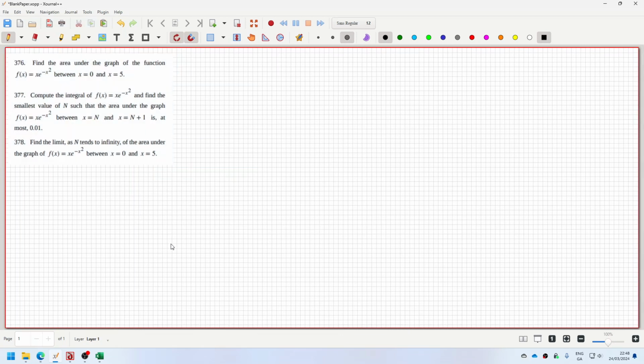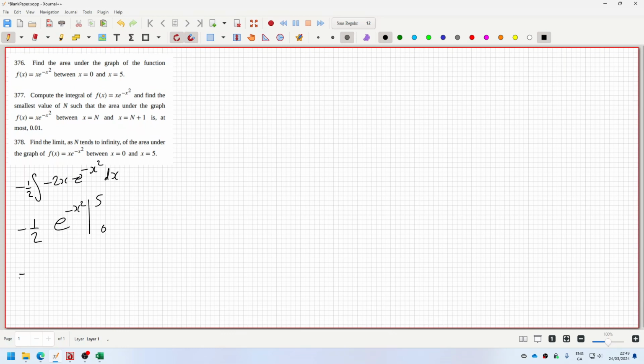Find the area under the graph of that function. Okay, so that would be like integrating minus a half times minus 2x e to the minus x squared dx. So that would be minus a half e to the minus x squared, from 0 to 5.